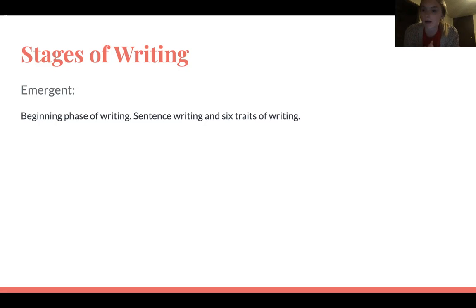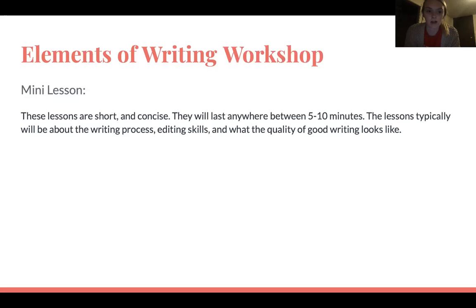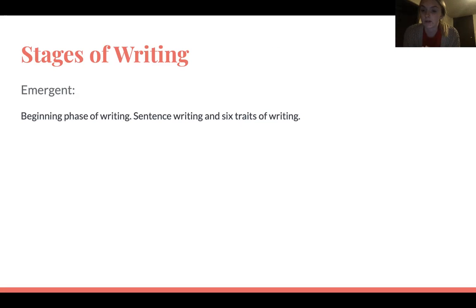And the six traits of writing is just how we will grade your student: if they have good word choice and fluency in their writing and their spelling and all of that good stuff. This is a good stage for your student to be at when they enter and then leave third grade. They will hopefully master this stuff.